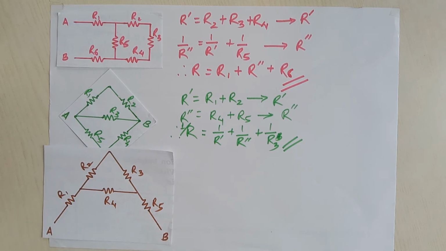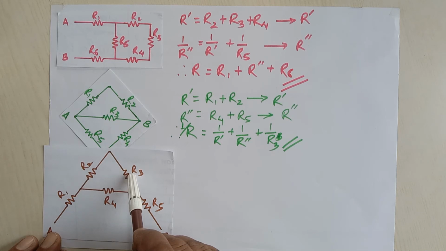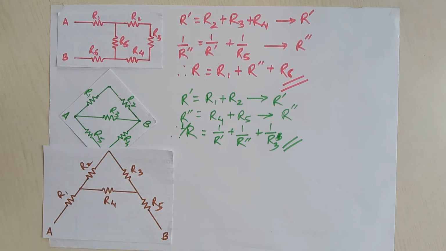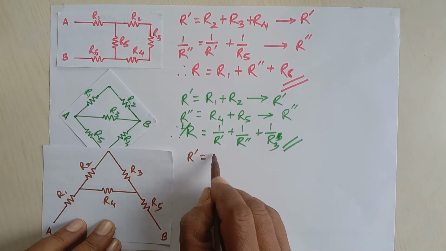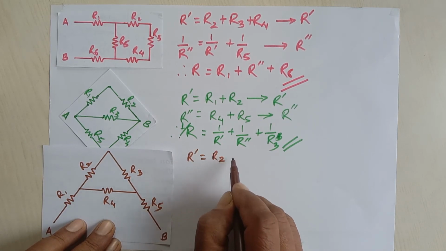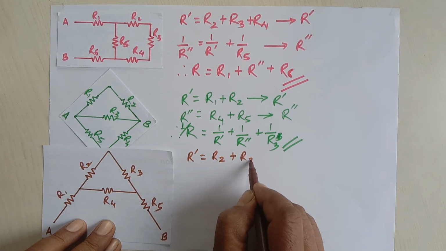Now, how is it possible? It would be better to start from far away from these terminals. Look at this, R2 and R3 are in series, and this series connection is in parallel with R4. That's why you can do it like this: R dash is equal to R2 plus R3.